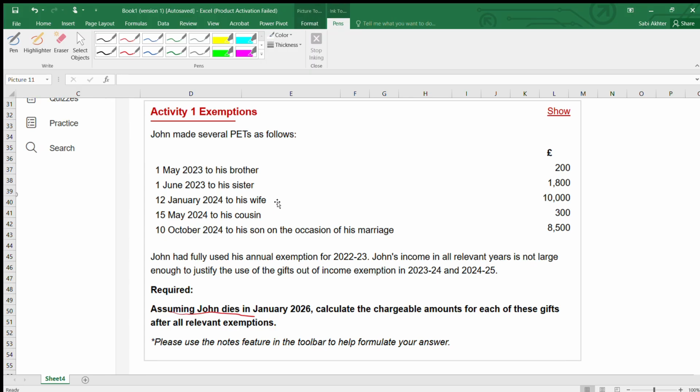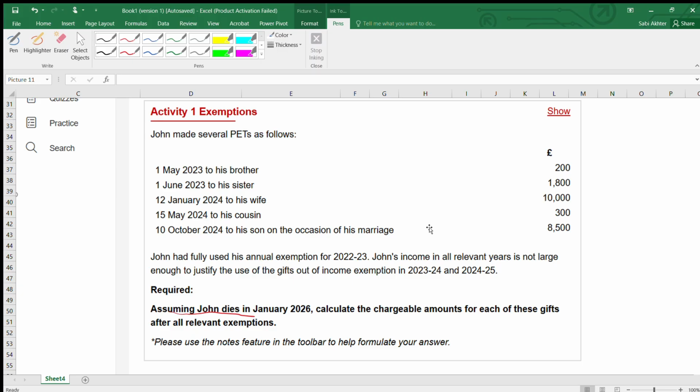So to his wife it is exempted, then his cousin and son on his marriage. So marriage exemption will be allowable. John had fully utilized his annual exemption for 2022-23 and income in all years is not large to justify the gifts out of income exemption for 23-24 and 24-25.